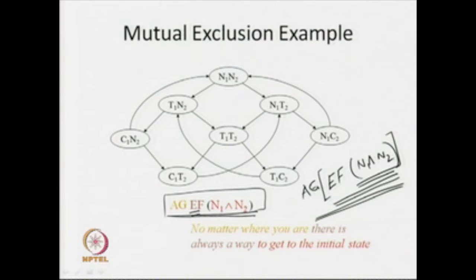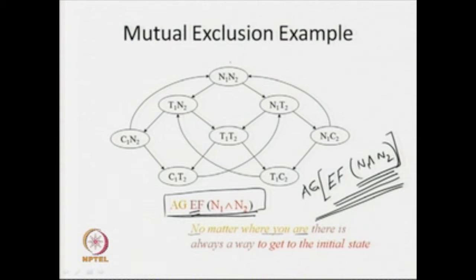So, I am writing a CTL formula. Now, what does this CTL formula mean? In a sentence: no matter where you are, there is always a way to get to the initial state. That means wherever you are in the system, it hardly makes any difference, there is always a path to get to the initial state.